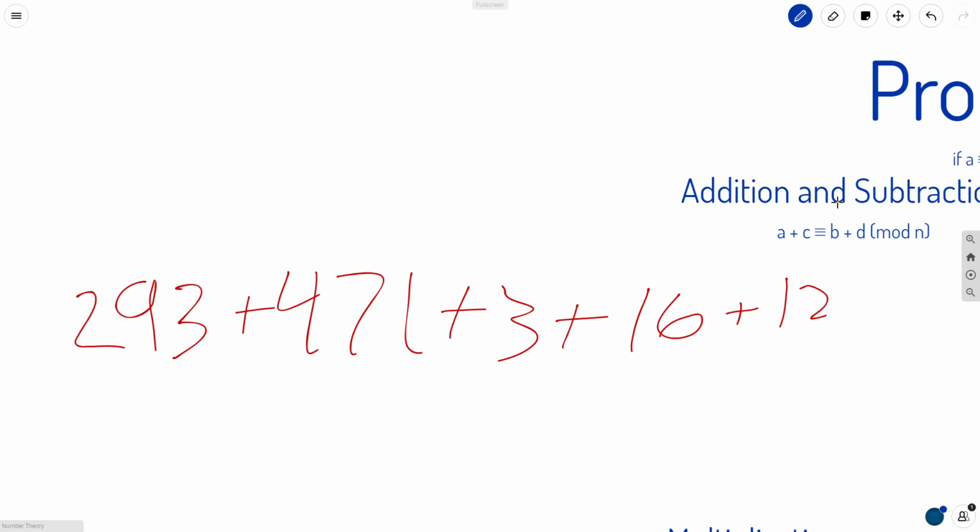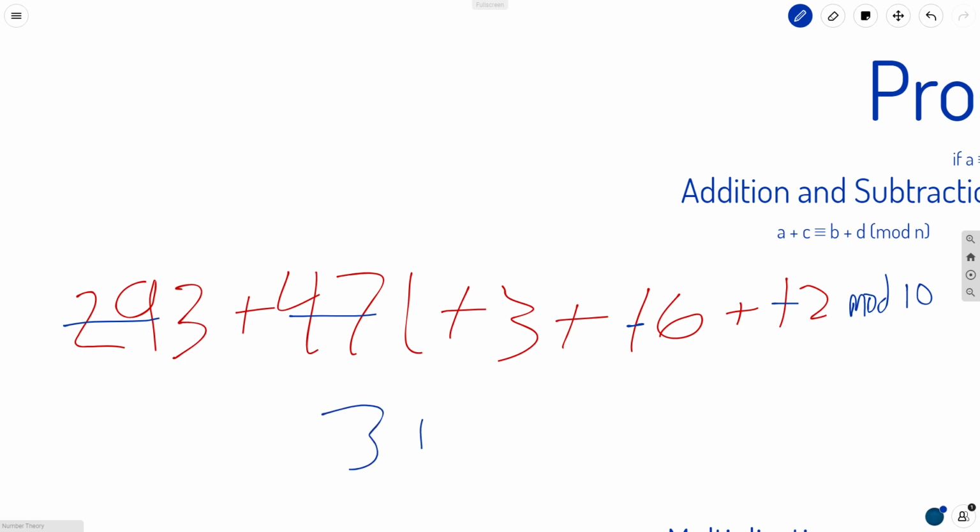The units digit allows us to take this entire sum, but in mod 10. So in mod 10, we just take the remainders of everything, and the remainder of a number when divided by 10 is simply its units digit. So all we have to do now is add the units digit of these numbers.